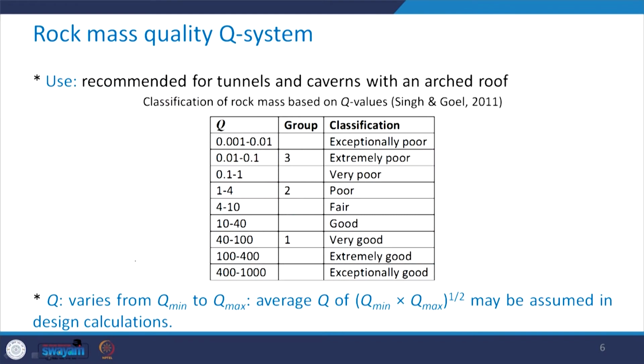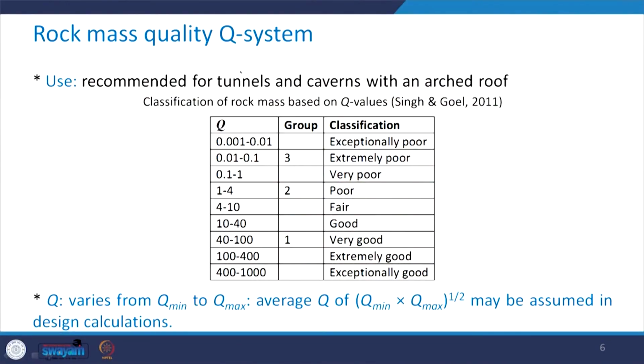Now, we have obtained the ratings of each of these, and we can calculate the index Q. Its use is recommended for tunnels and caverns with an arched roof. In the beginning, I mentioned to you that each of these systems was developed based upon a few researchers' experience in a few areas.